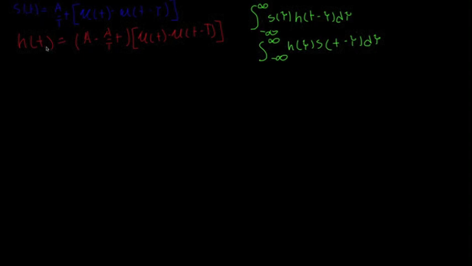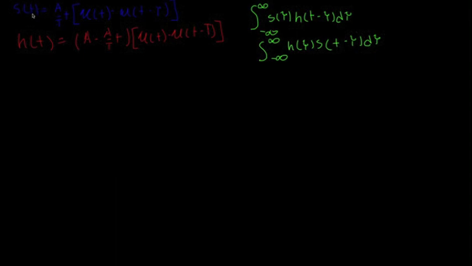By comparing s of t and h of t, it would appear that s of t is the least complicated looking. The reason is that h of t, outside of the unit steps, has this extra term, A minus A over capital T times little t, and adding in this extra t minus tau is just going to expand that equation and create more math.